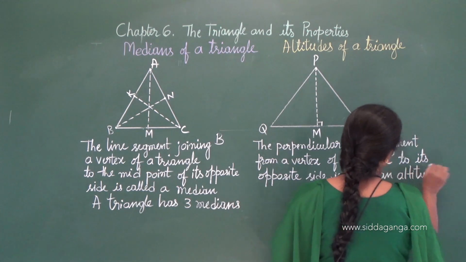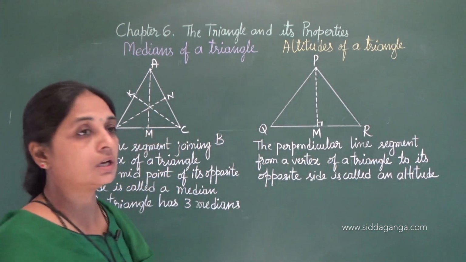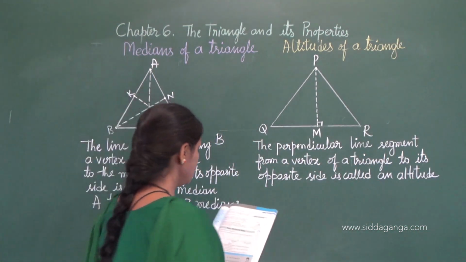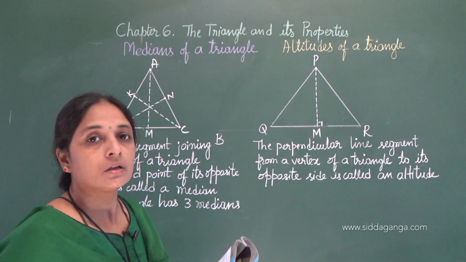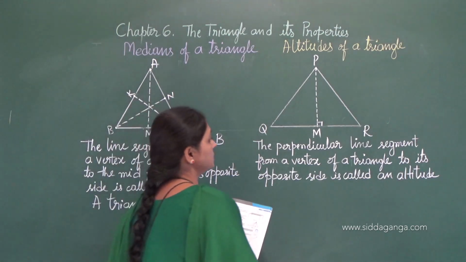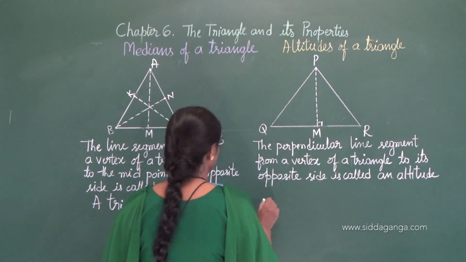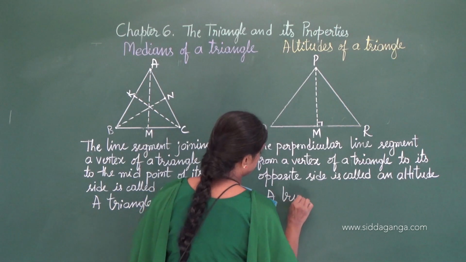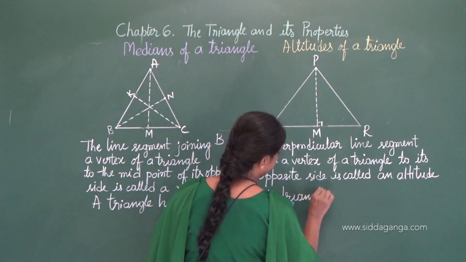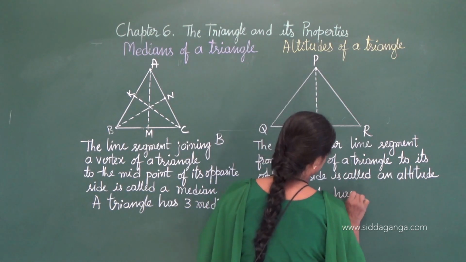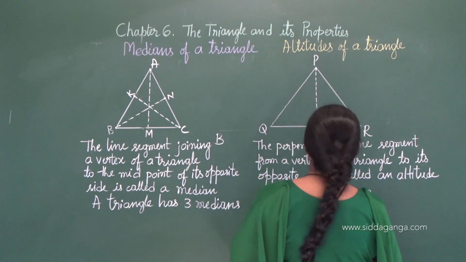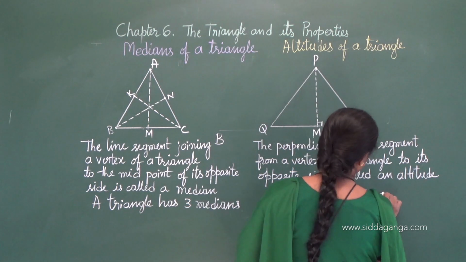So how many altitudes are there in a triangle? Obviously it's 3, because we have three sides and 3 vertices. Okay, a triangle has 3 altitudes.